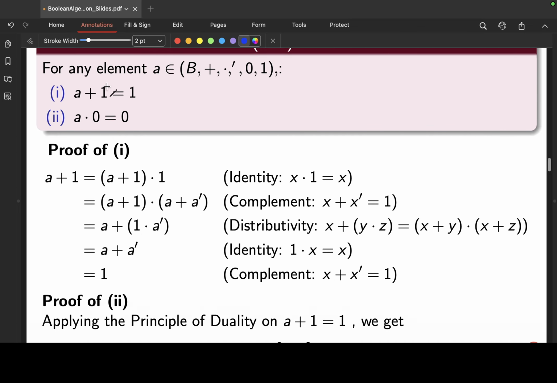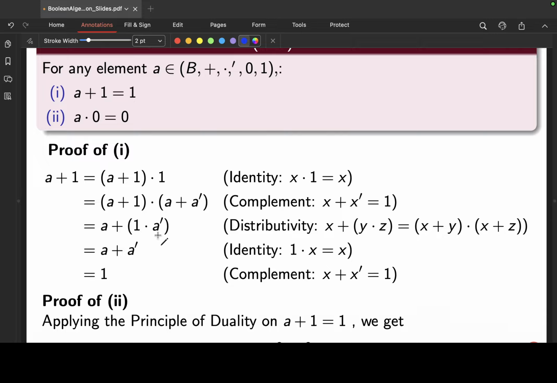Proof of 1: A plus 1 equal to A plus 1 dot 1, using the identity law, x dot 1 equal to x. Now, in place of 1, we write A plus A dash using complement law. So this, and by distributivity, a plus bracket 1 dot a dash.